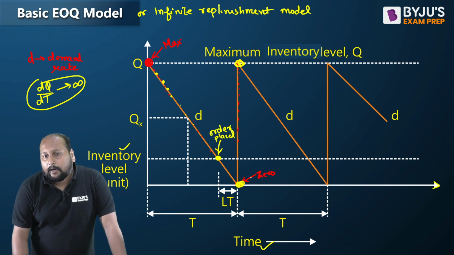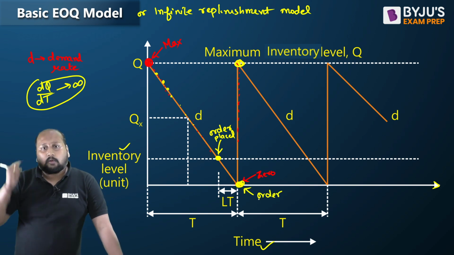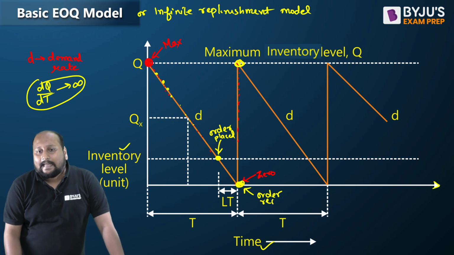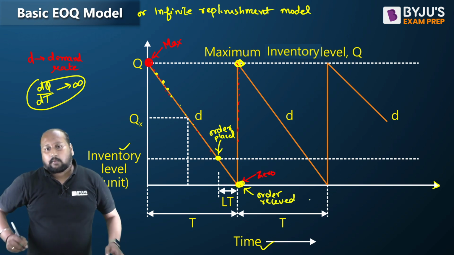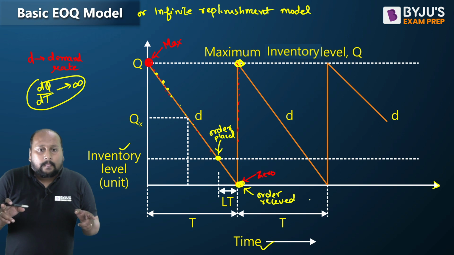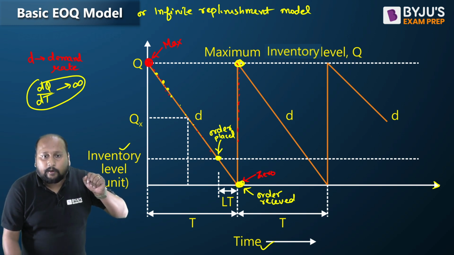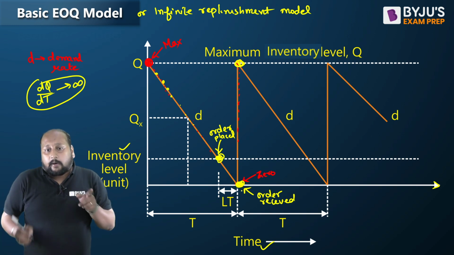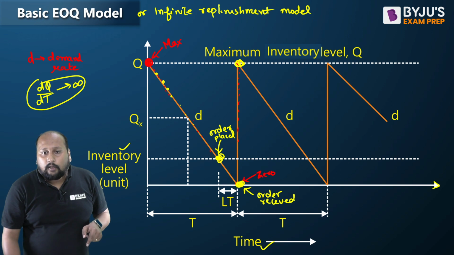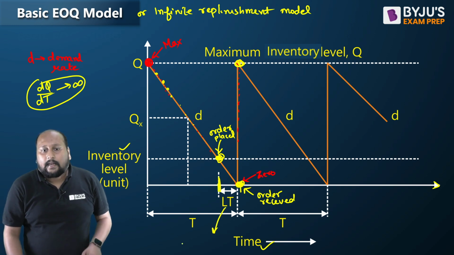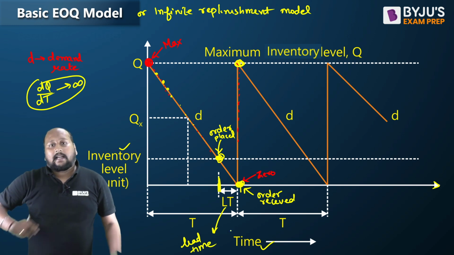And at this point I am getting the next order, because the inventory is going from 0 to maximum, so the order is being received at this point. The time duration between placing that order and receiving that order, we call it the lead time.